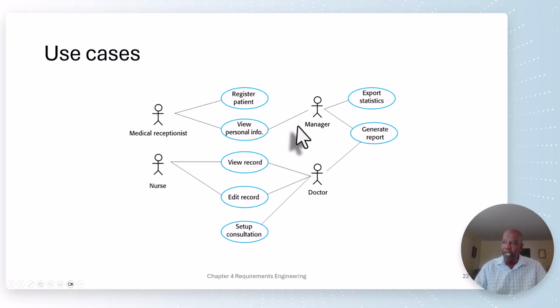What are the use cases? These are the roles of the players: the manager, the doctor, the nurse, the medical receptionist. These are the activities: requesting patient, viewing records. So each one of these user stories is going to help us drive and make sure that what we have in the system meets the requirements of the user.